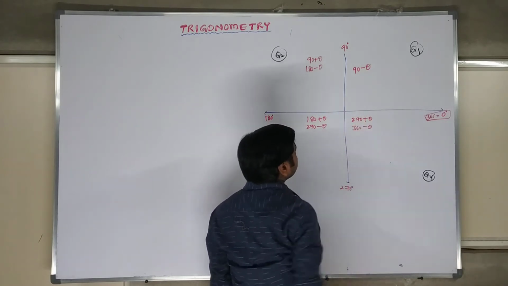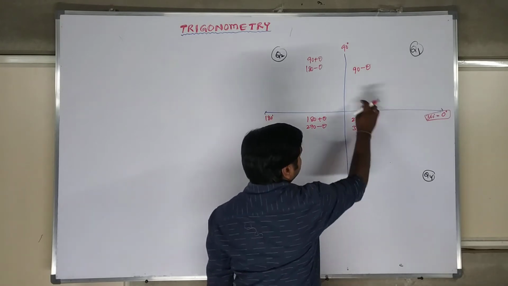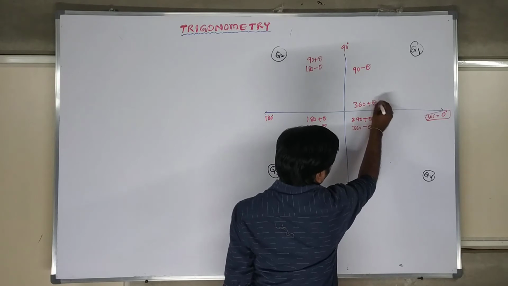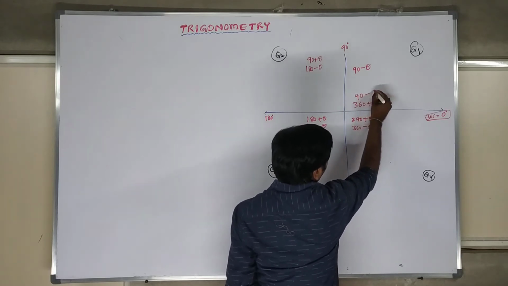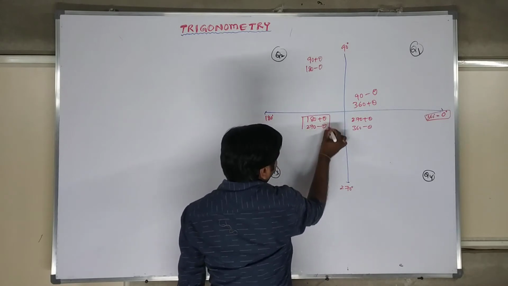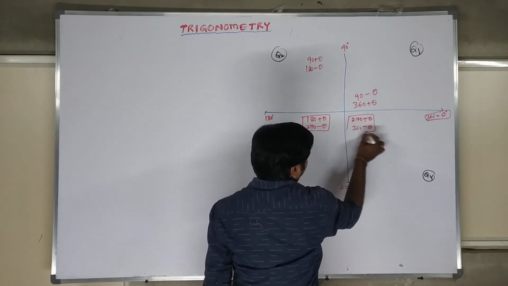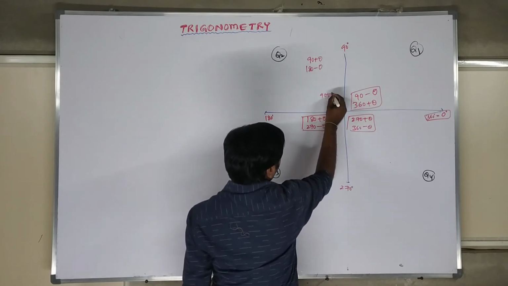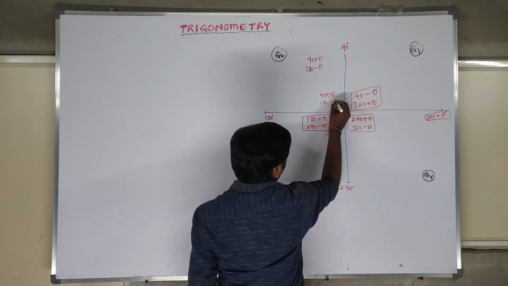Going back to the top, we can also write 360 plus theta, and 90 minus theta, which I wrote clearly. These are the quadrant numbers and corresponding angles. Please remember: 90 plus theta, 180 minus theta.